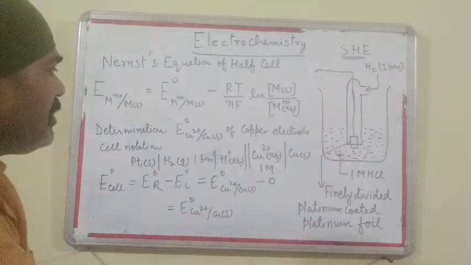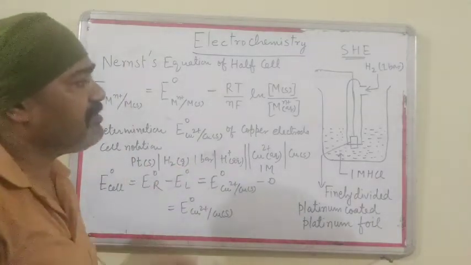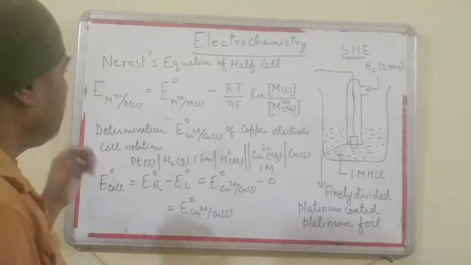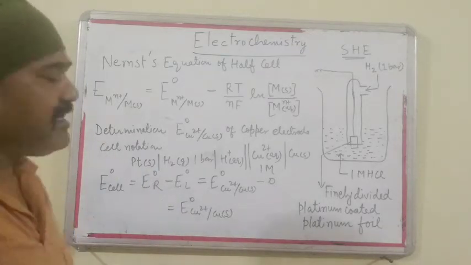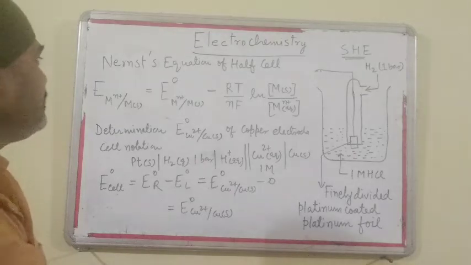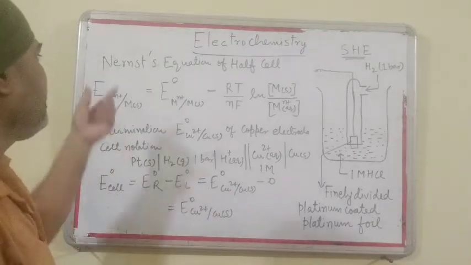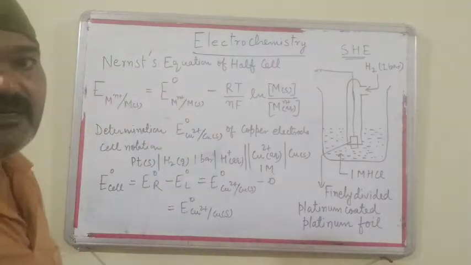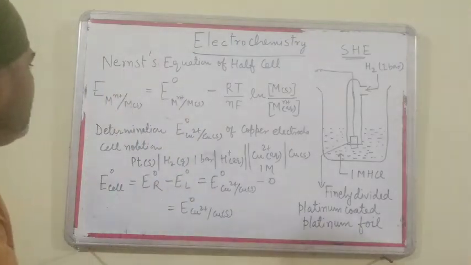Now if we want to find out the value of the EMF of any half cell, we have to use the Nernst equation. Nernst is the name of the scientist.